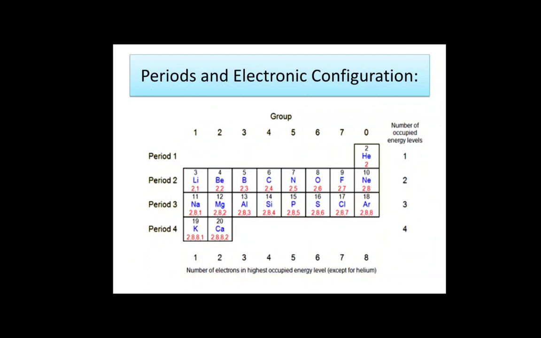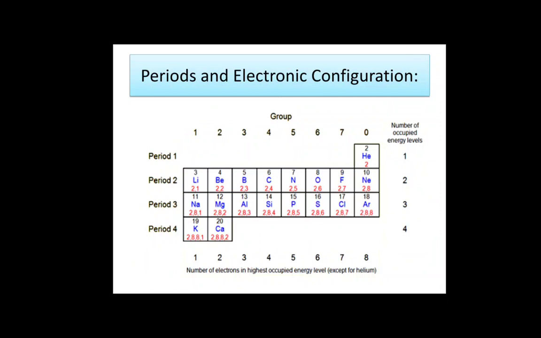Periods and electronic configuration. While in a period, the shell is the same but valence electrons increase by 1 at a time. The elements in the second period, that is lithium, beryllium, boron, carbon, nitrogen, oxygen, fluorine and neon have electrons in the 2 shells.